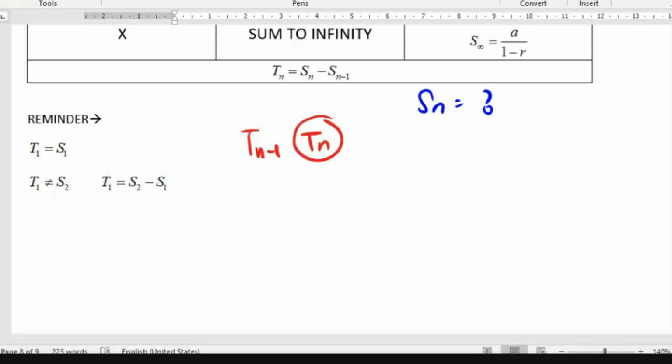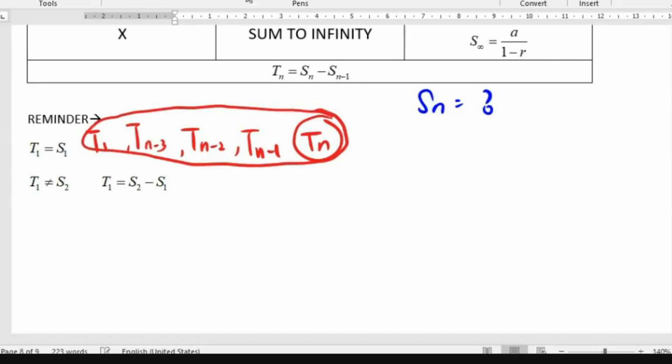So yang depan lagi, until depan lagi first term. So I want to get this, but I only have the information of sum of n terms. When I use Sn, it means I will calculate all this. This is my Sn. I just want this value.